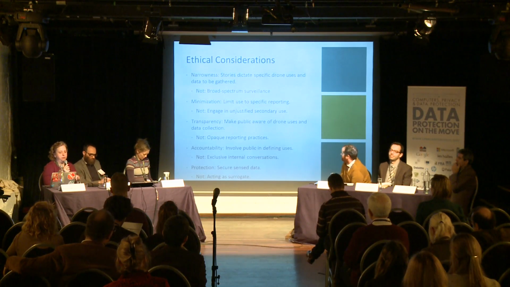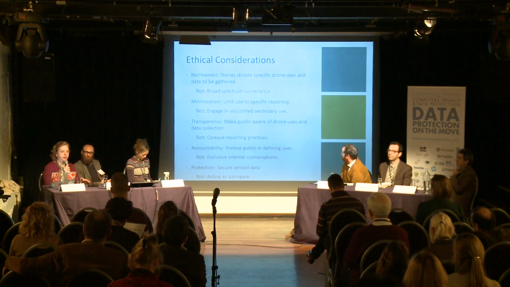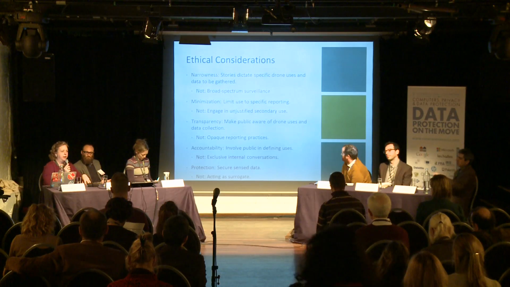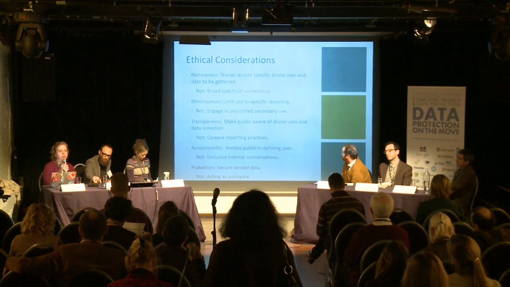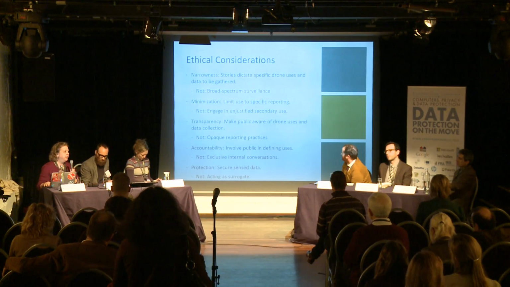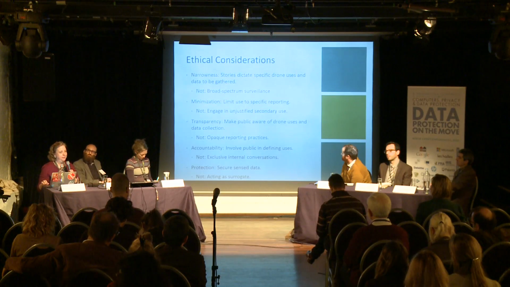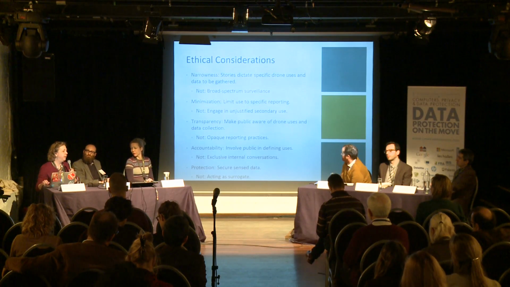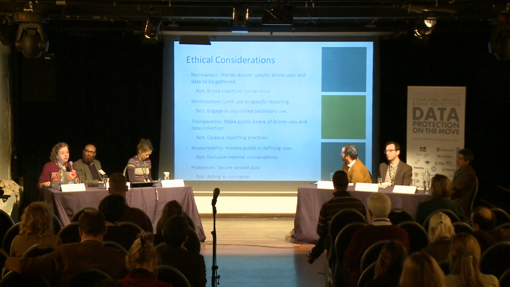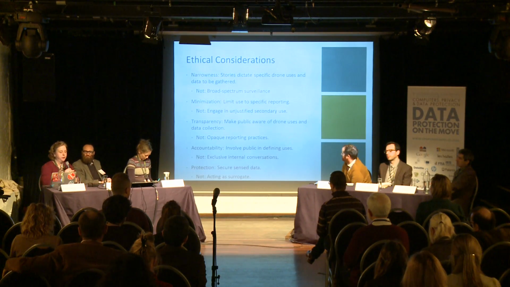I also think we should be much more concerned about accountability, about opening conversations to the public and including the public in those. Right now, media ethics globally tends to be about internal conversations, and I think we need to move away from that. And then finally, doing a very, very good job of protecting the data that we do gather from any kind of hacking and also from governmental uses. That's something that I think is a real danger.